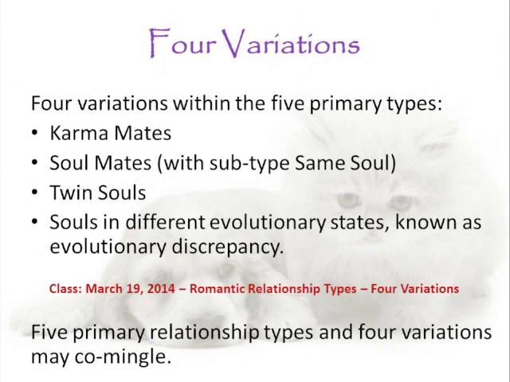They may also commingle with the 4 variations, which we looked at last month in our March class. Karma mates, soul mates with the subtype same soul, twin souls, and of course souls in different evolutionary states, which we would call evolutionary discrepancy.